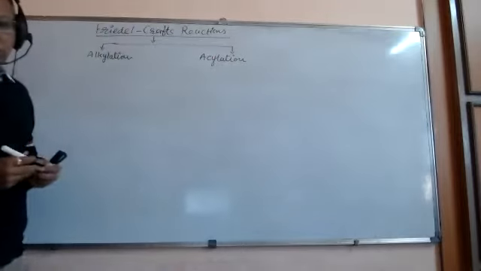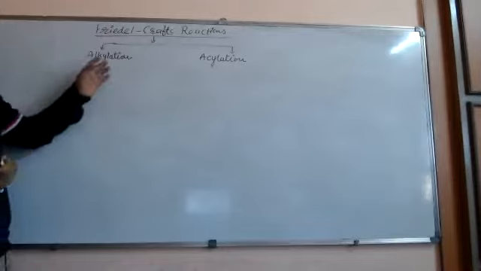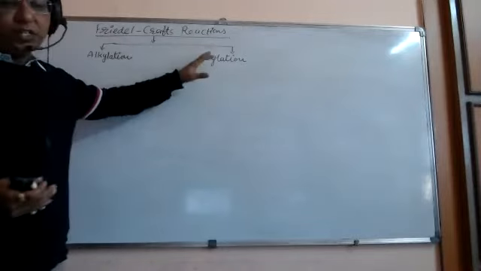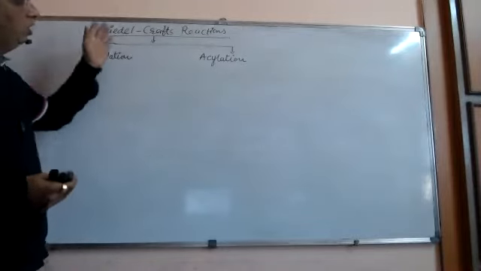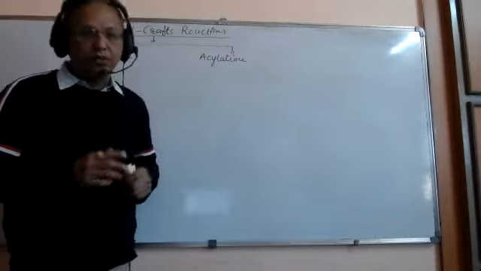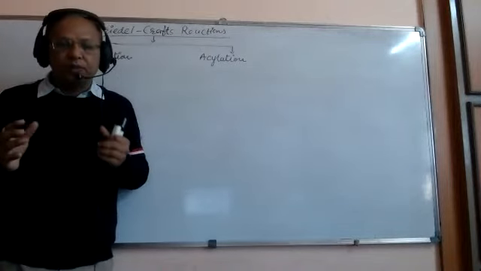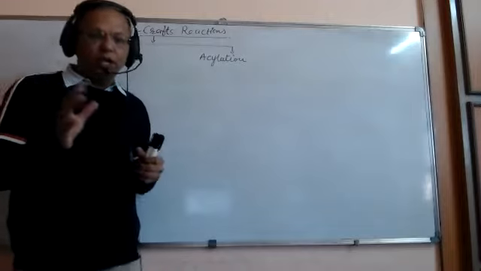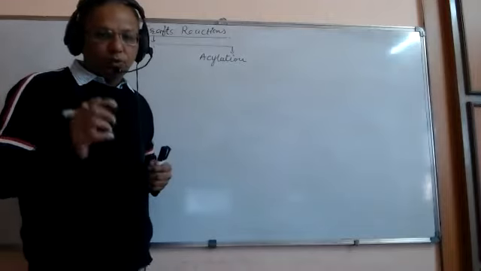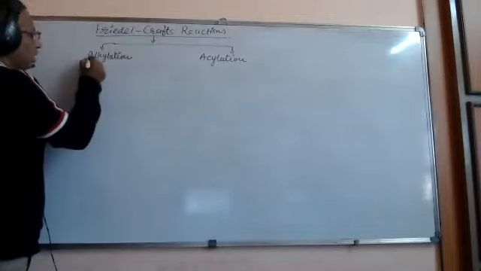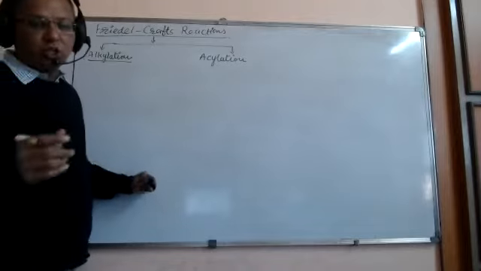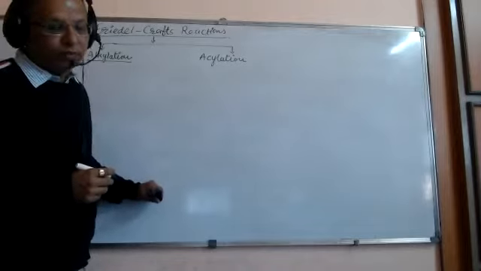So alkylation and acylation, two reactions, both are Friedel-Crafts reactions. One is Friedel-Crafts alkylation, another is Friedel-Crafts acylation. Both reactions are similar, so we learn them together. Most important thing, alkylation is addition of an alkyl group.